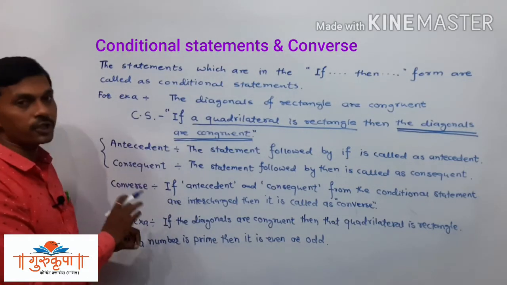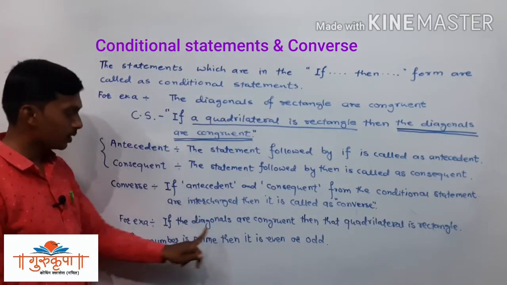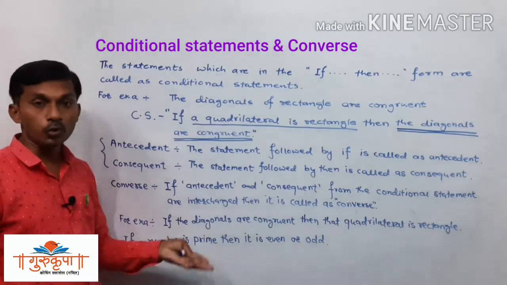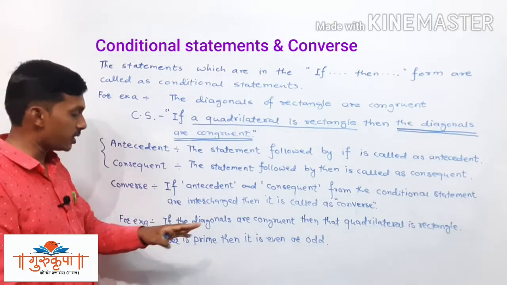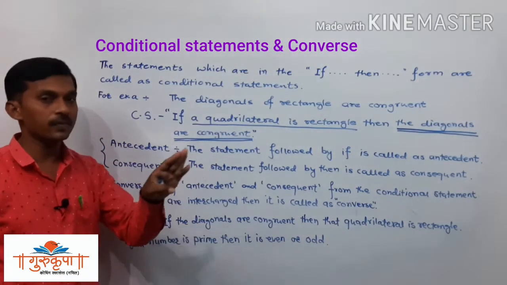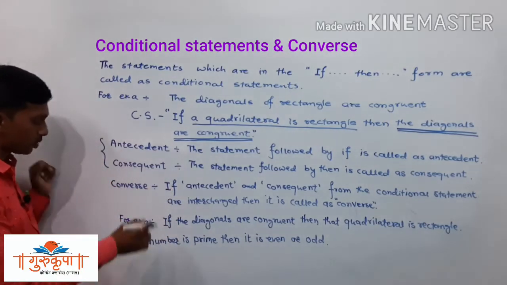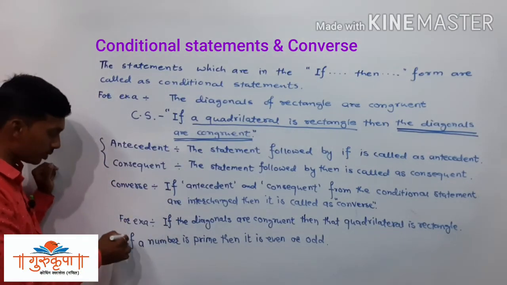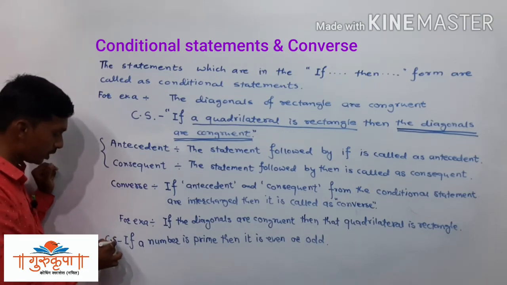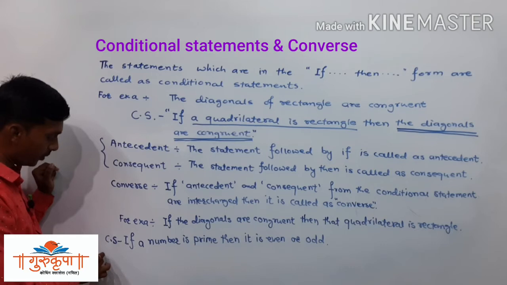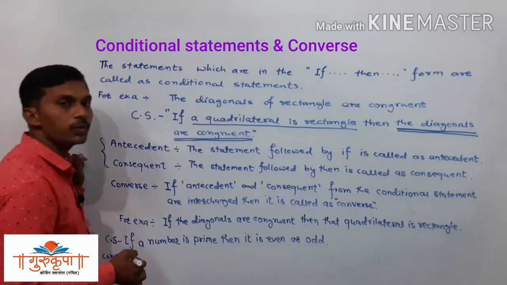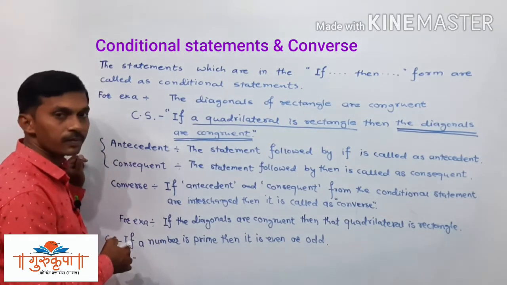This is a conditional statement since we have if and then, two words included in that statement. And now we have to write the converse of it. What should be the converse of this statement?